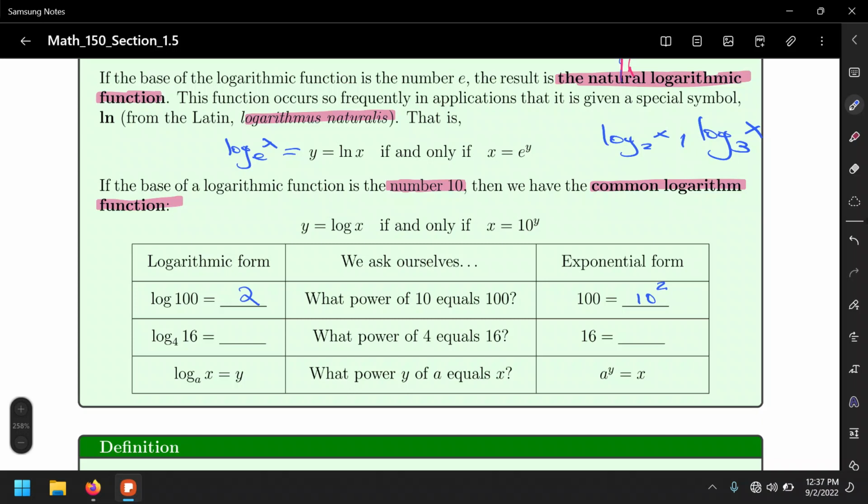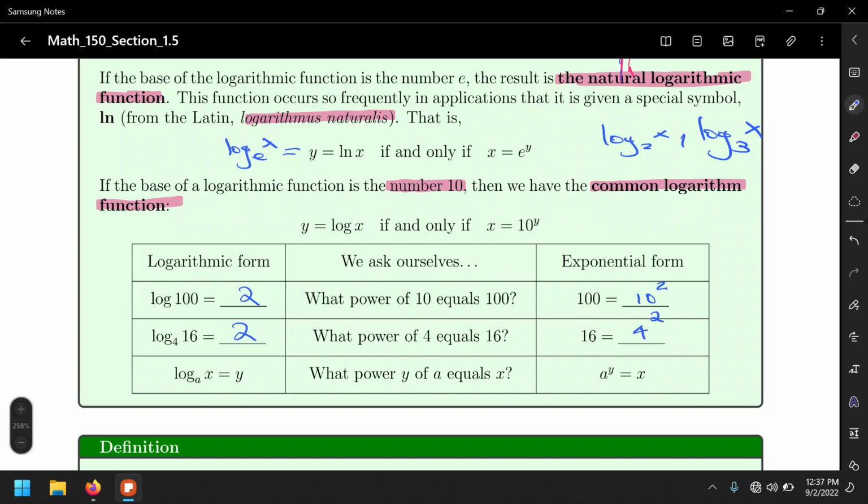Let's write the next one. Any ideas? Log base 4 of 16. We ask ourselves, what power of 4 equals 16? Also 2, because 16 equals 4 to the second power. This is how we go back and forth between the logarithmic version and the exponential version.